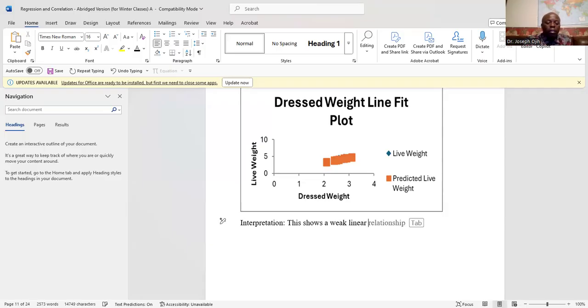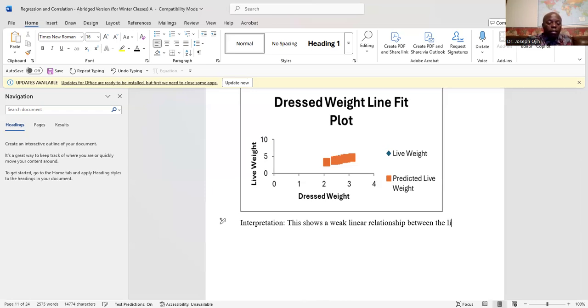Linear relationship between the live weight and the dress weight.